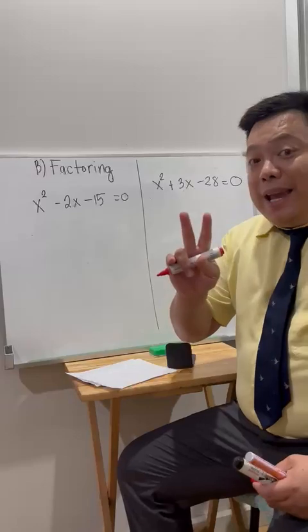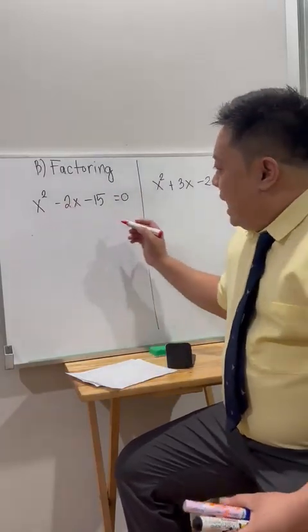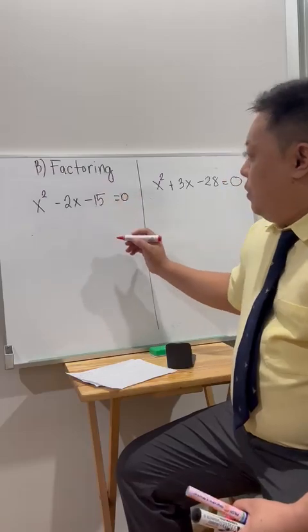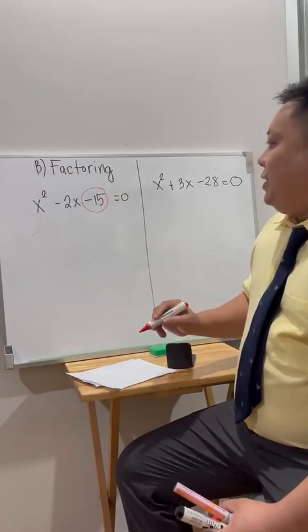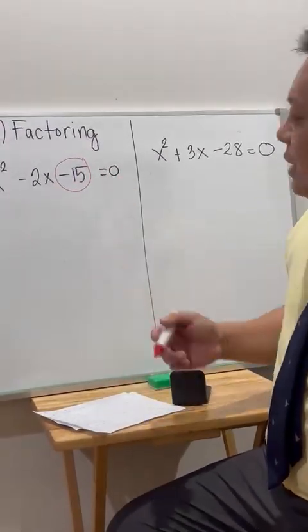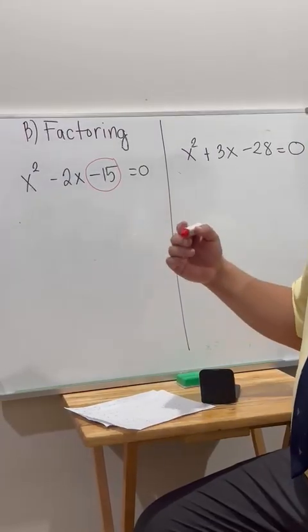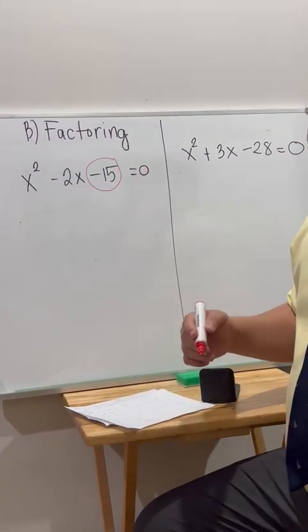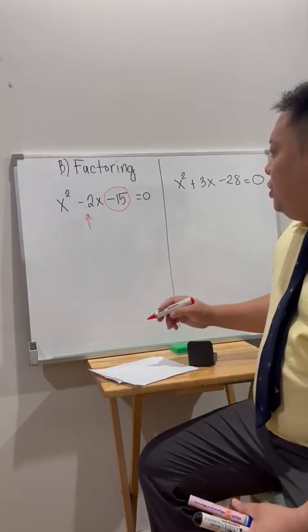So the second way is by factoring. When we have our quadratic equation, the letter c or the last value we have here is the constant negative 15. What are the factors of negative 15 that when you add up will be equal to negative 2?